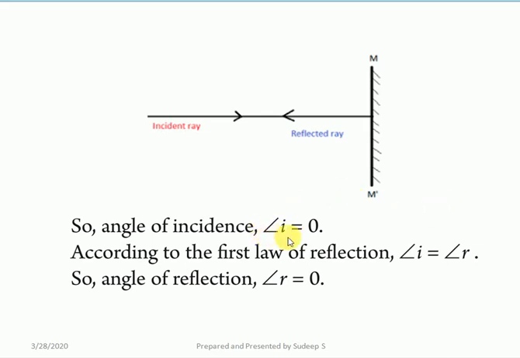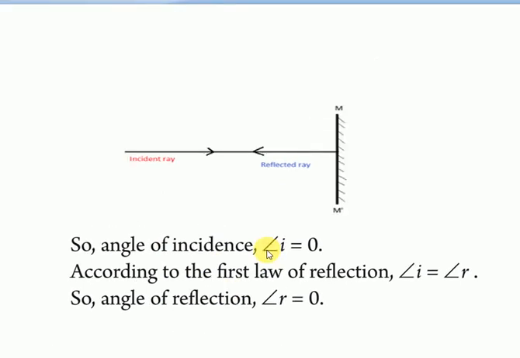If you remember the definition of the angle of incidence, it states that the angle which the incident ray makes with the normal at the point of incidence is called the angle of incidence.